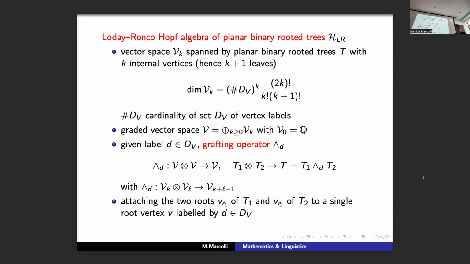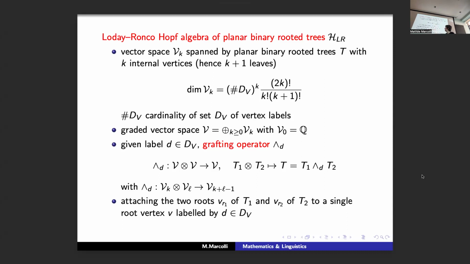Okay, so to construct a Hopf algebra, first of all, we're going to take what the underlying vector space is. So you take the vector space that is spanned by the planar binary rooted trees with k internal vertices, so k plus 1 leaves. And the dimension of this space can be computed by the combinatorial count of how many such trees there are, and of course you have a choice of the labels for all the vertices.